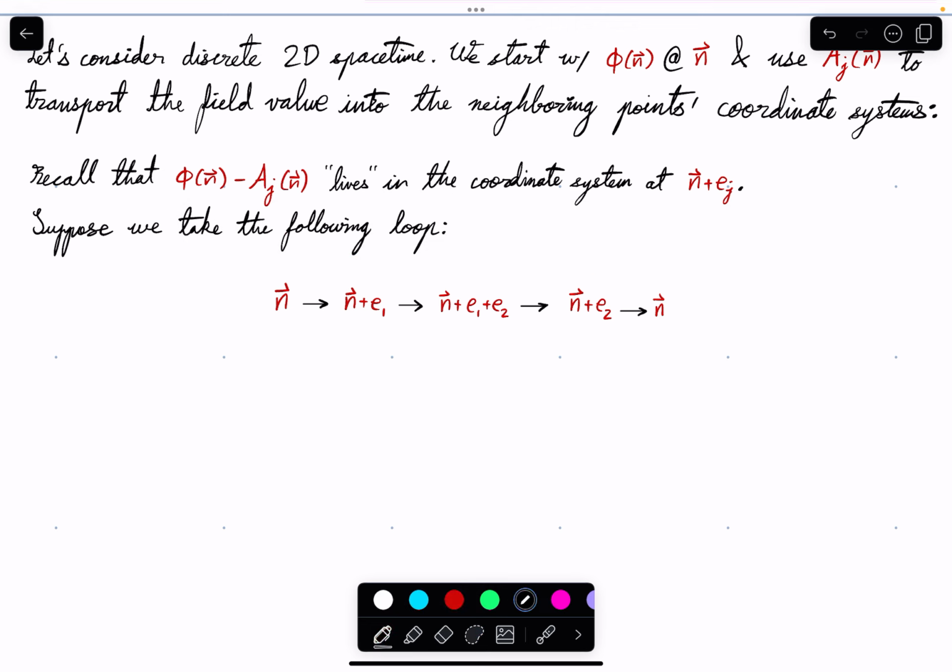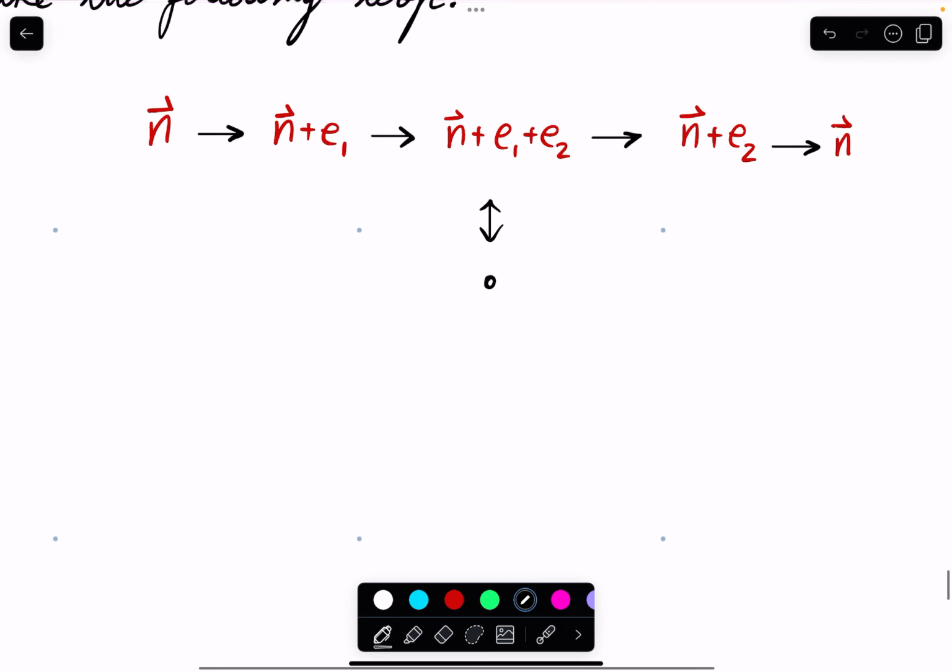And this is the same as if we have 4 points, going from point n to n plus e1, n plus e1 plus e2, and then n plus e2.